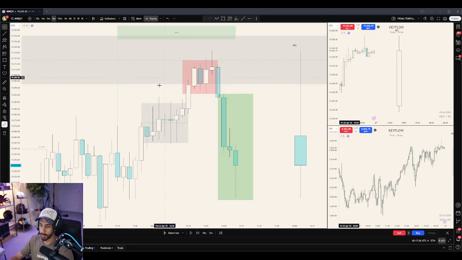So when you look at this, this is basically what a picture perfect PO3 setup looks like, okay? So there you go. From the narrative to the bias, right? Building the bias and framing the entry and then the actual entry itself. There you go. That is the trade recap.